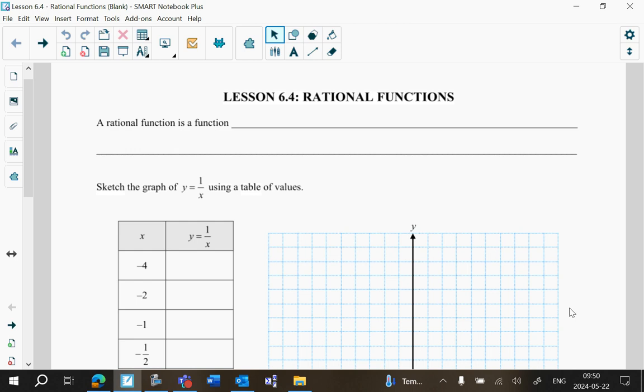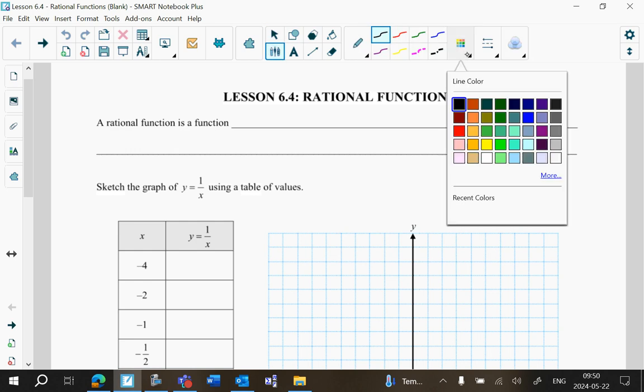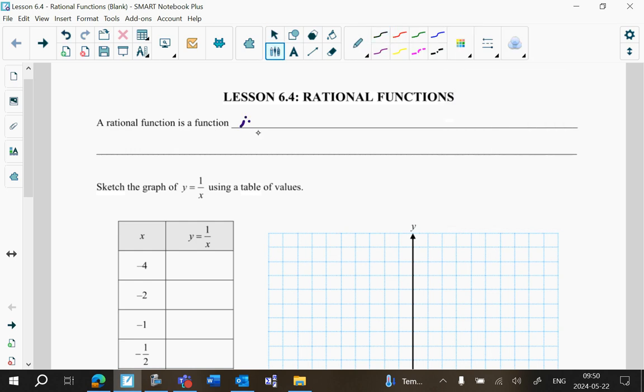So it's a function in the form y equals some function over some other function.